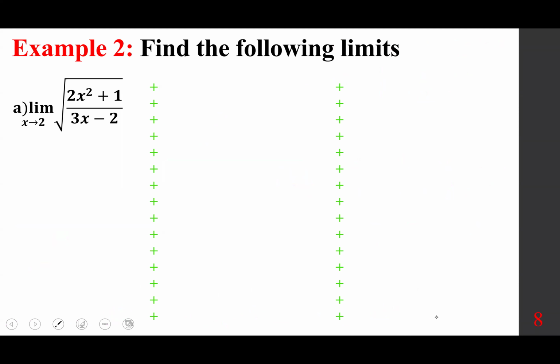We want to find the following limits, and all you have to do, plug in. So what do we get when we plug in for the numerator? What do we get for the denominator in the square root, in the root function?